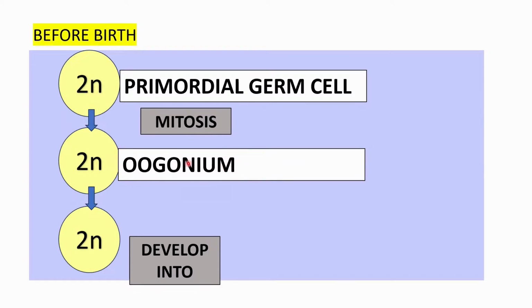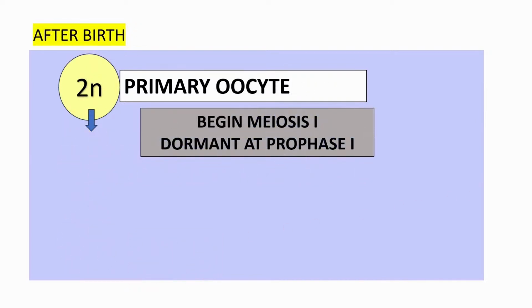Then this primary oocyte will begin meiosis 1, but this process will stop at prophase 1 during fetal development. Before birth, we have around 7 million primary oocytes. After birth, only around 1 million primary oocytes are left.